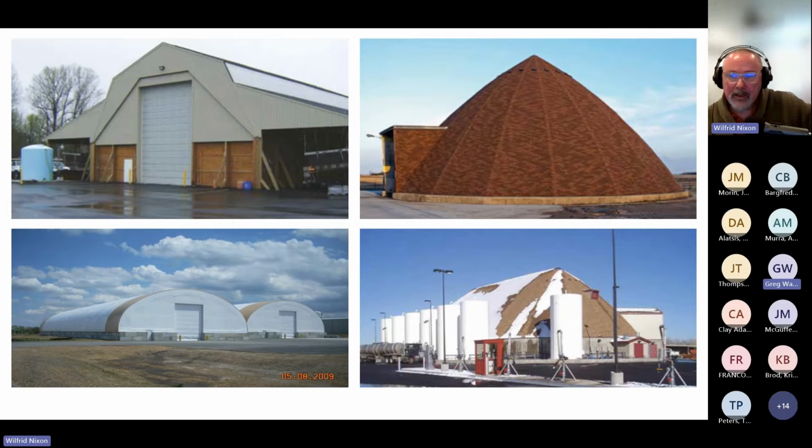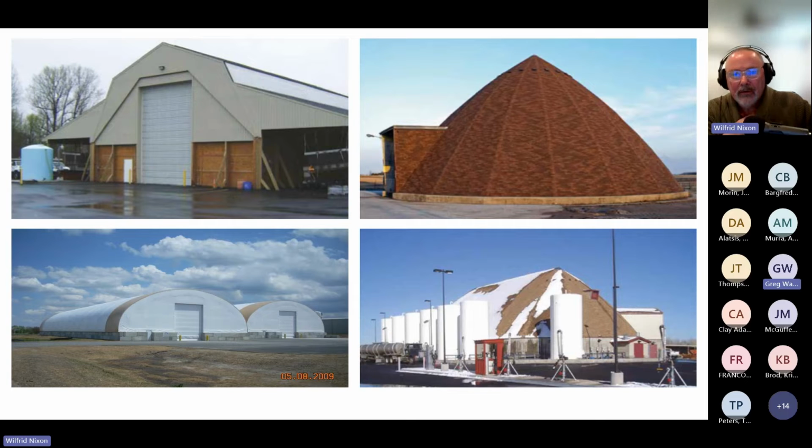Of the structural types, let's take a look at them here. On the top right, we have a basic dome structure. In this case, there are no vertical walls in that dome structure. It's a very simple structure. You can notice the doorway is significant in terms of being fairly obvious, which is good, I suppose, but also is designed to provide protection against the elements when you're loading trucks.